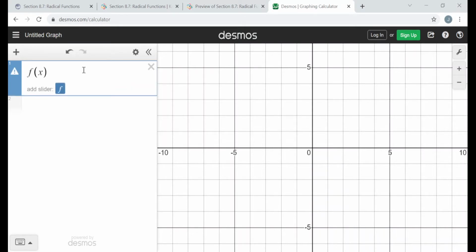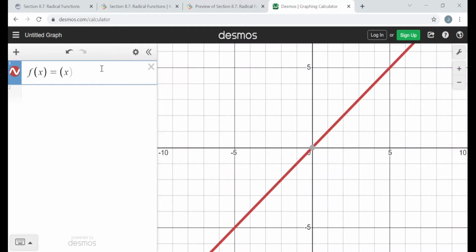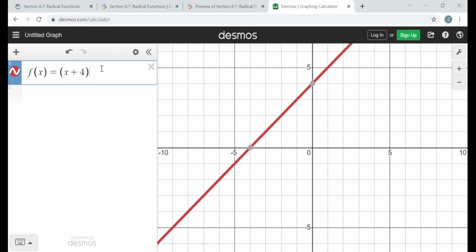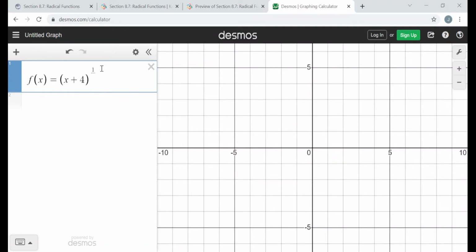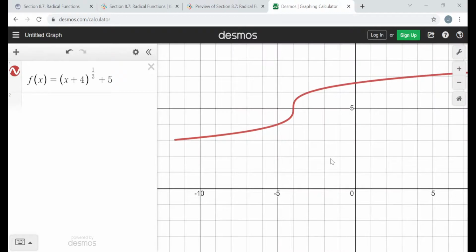F of x equals the cube root. Well, I know that the cube root is to the 1/3 power, and I don't feel like finding the cube root symbol. So x plus 4 to the 1/3 power. Remember, that's the cube root. And then plus 5. And you see this graph here.